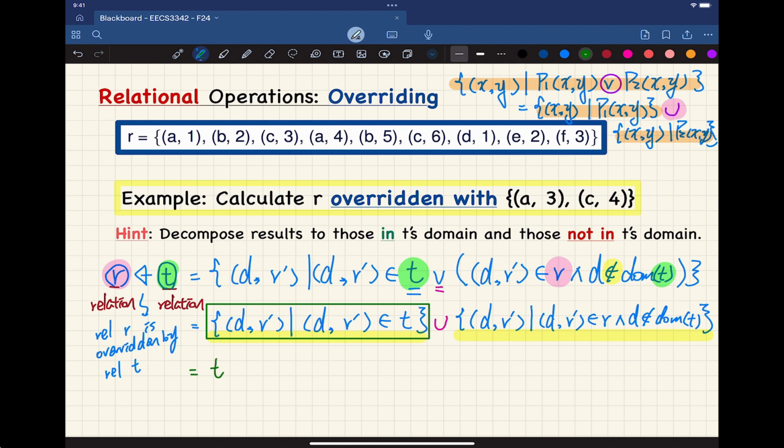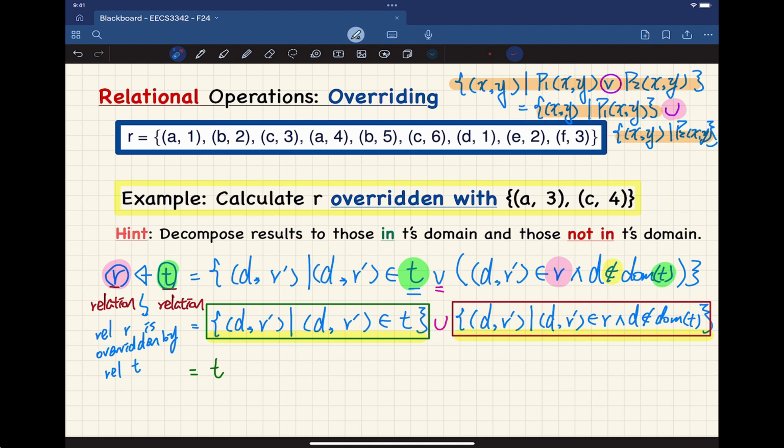All right? And then we're basically saying, let's take a look at this one slightly more carefully. What are we saying here? We are basically saying, give me all the ordered pairs, each pair is in relation R. So it's basically like R, except we're somehow not including those in the domain of T. Doesn't that sound like something we talked about last time?